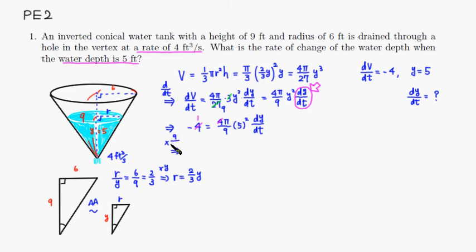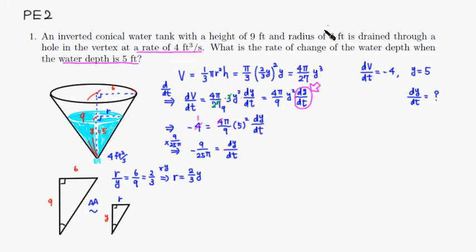This gives negative 9 over 25 pi is equal to dy over dt.